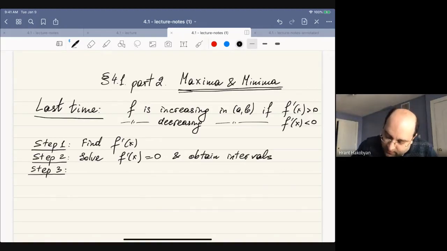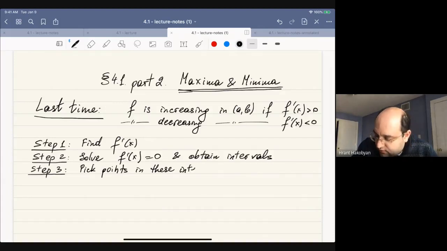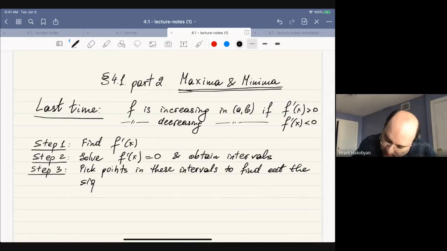And step 3 was to pick points in these intervals to find out the sign of the derivative.